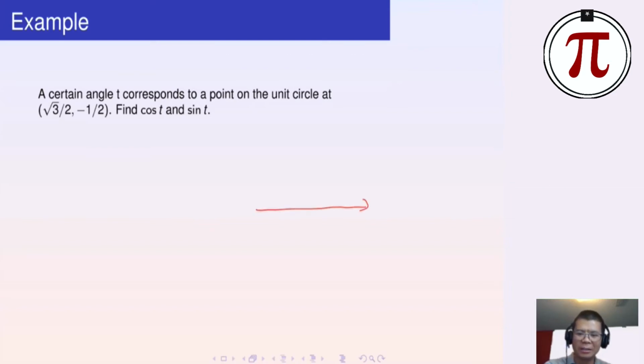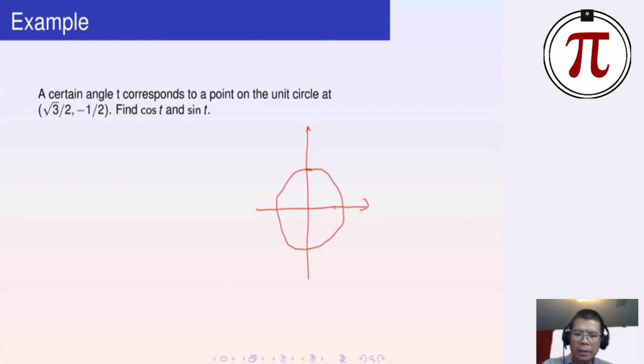Let's just sketch. Which quadrant is this t in? Quadrant 4, bottom right, because x is positive and y is negative.